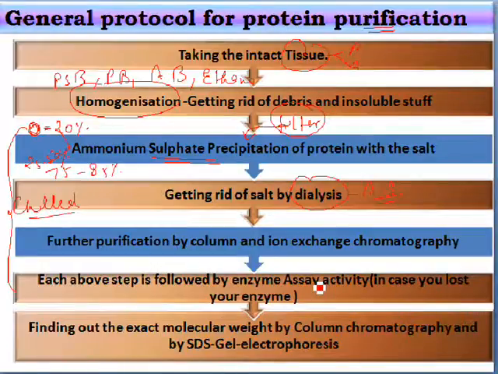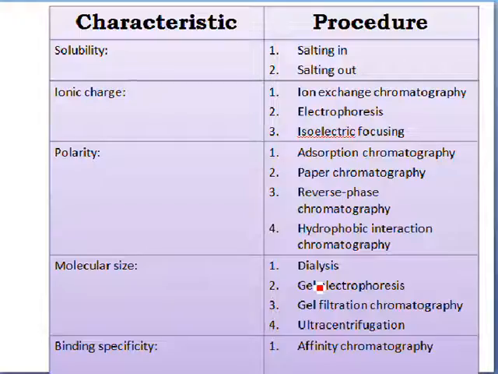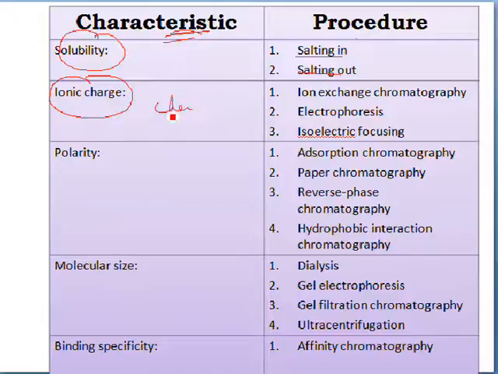This slide shows the protein purification methods on the basis of its characteristics. For example, on the basis of protein solubility, it can be purified using salting in and salting out. Similarly, on the basis of protein charges, ion exchange chromatography and isoelectric focusing can be used.